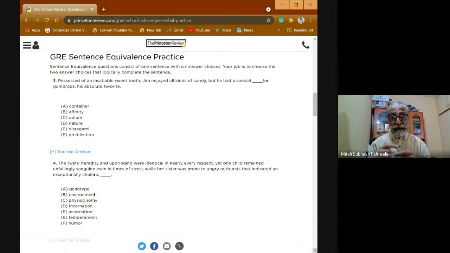That word that you change makes all the difference to balance the sentence, that is, whether you are making the sentence equivalent to the first one. Because of that, sentence equivalence should be practiced. So for that, you will have to choose a pair of right answers. So now, let us see what the question is.